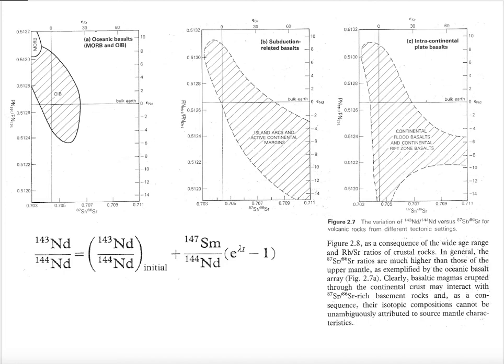So they can also be used as petrogenetic indicators, which can give you some information from which geotectonic setting your rock has been formed, yeah. And then number C, we have the intracontinental plate basalts. They are showing another distribution field in their neodymium and strontium isotopic pattern.